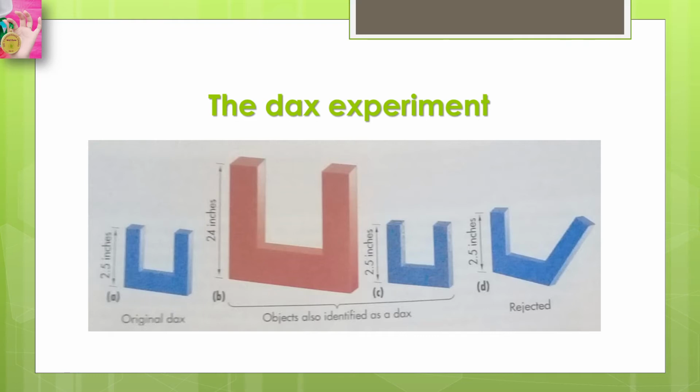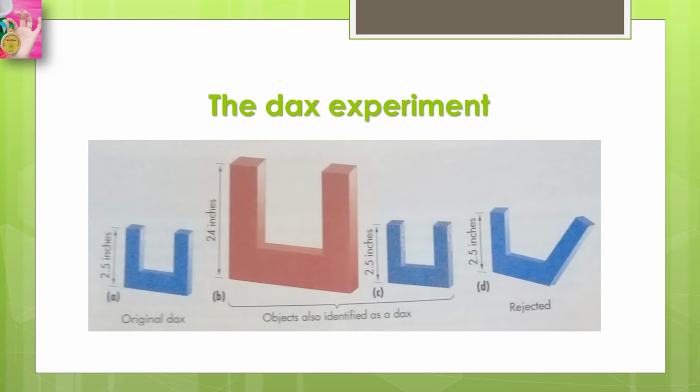The experimenter told the children that the object was a dax, and then the children were shown a variety of other objects like those depicted in pictures B and C. Some of the objects had the same shape as the dax, picture A.